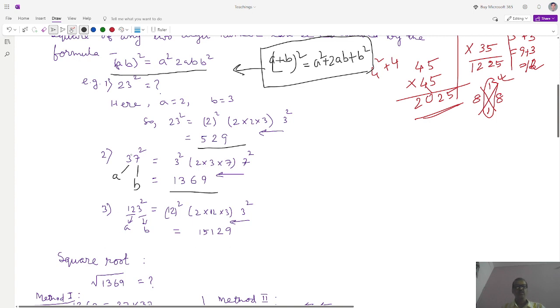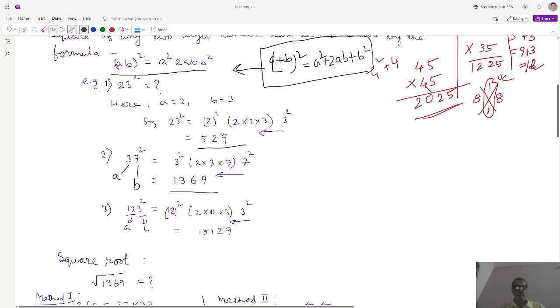If instead of a 2-digit number we have to find the square of a 3-digit number, then how will you do it? Take the first 2 digits as A, the last digit as B. Then what will you get? 12 square, 2 into 12 into 3, 3 square. 3 square means 9. 3 into 12, 36, into 2, 72.